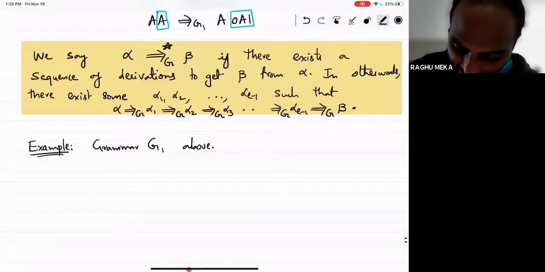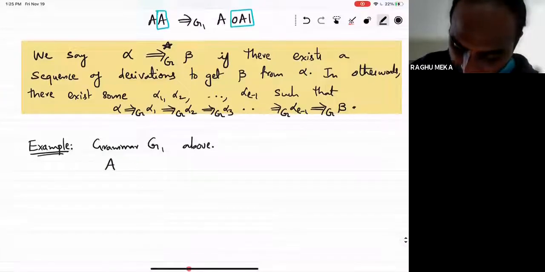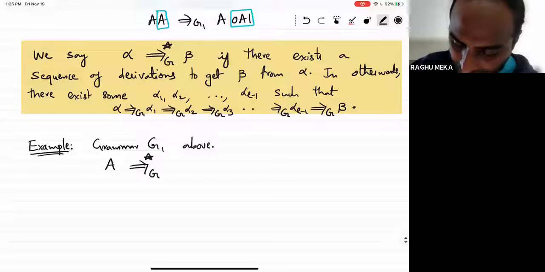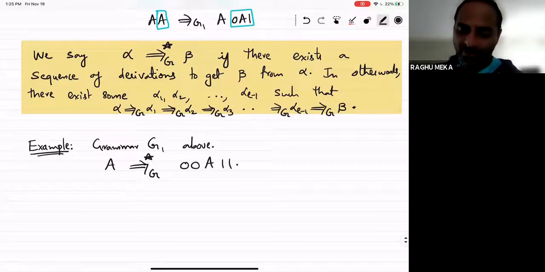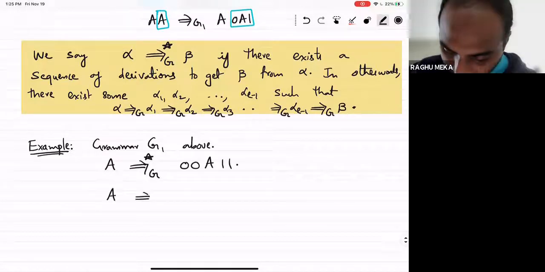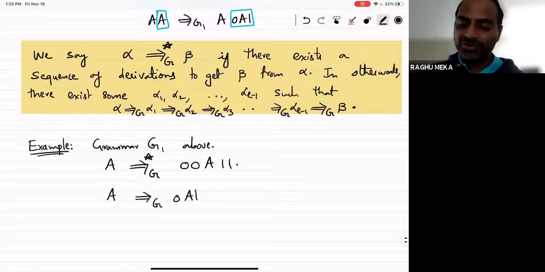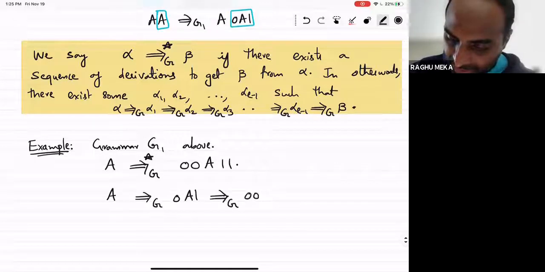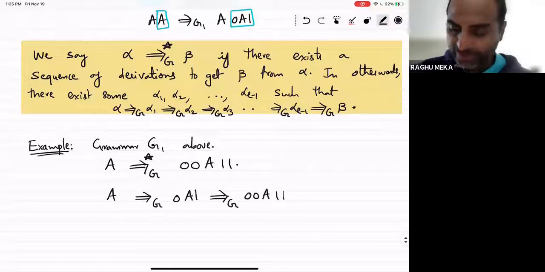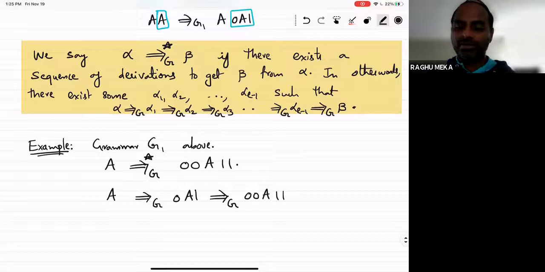Now I can say that A implies star 0011, hmm, well, I can go from A to 0A1. That's one application of a rule. Then I do the same thing again, and I get 00A11. So this is valid.